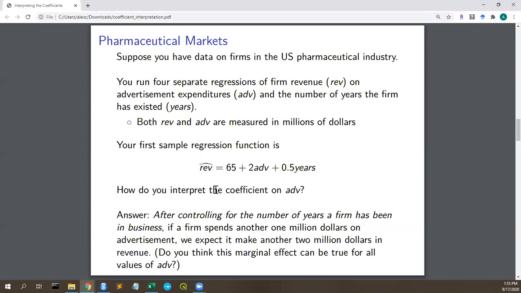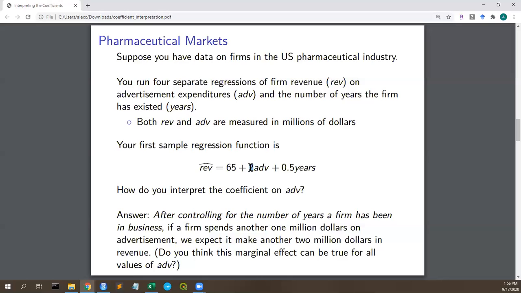So for example, if we try to interpret this next coefficient, because they're both measured in millions, if I increase my advertising budget by $1 million, revenue will increase by 2 times 1 million, so 2 million.